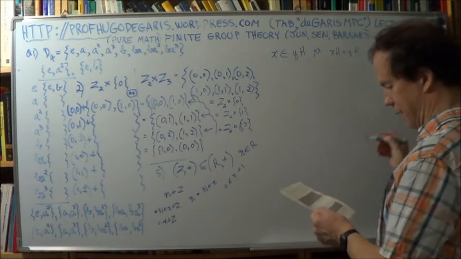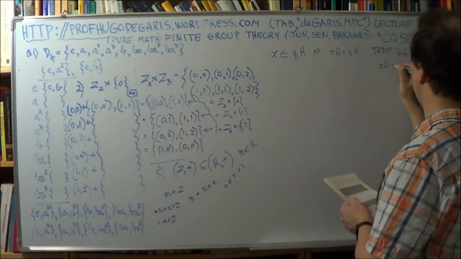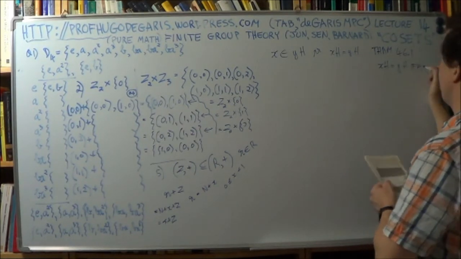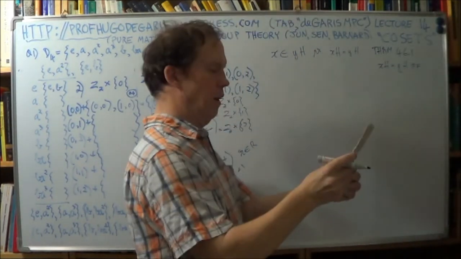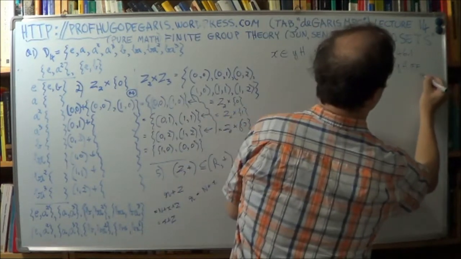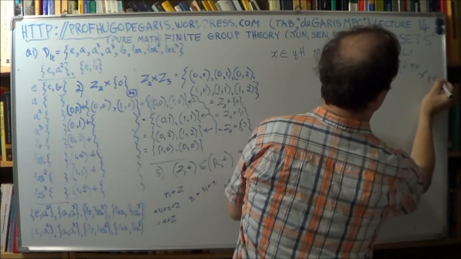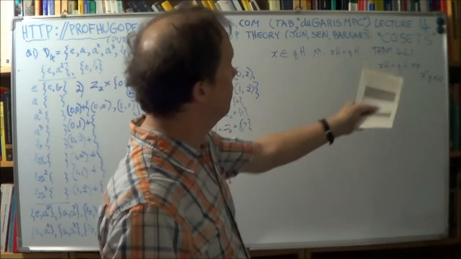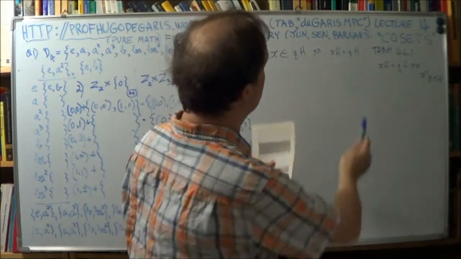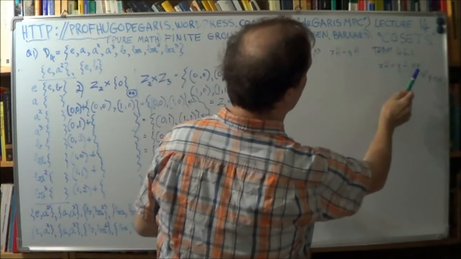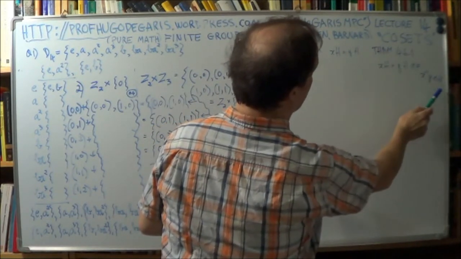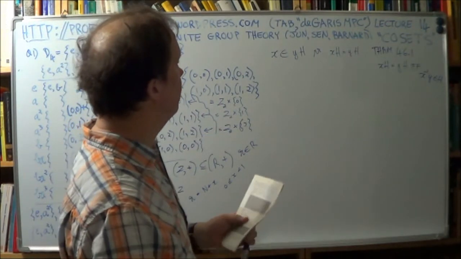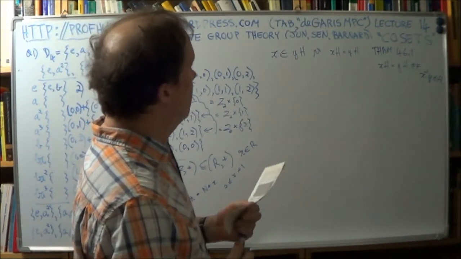Part 1. So XH equals YH if and only if X inverse Y belongs to H. Right? Remember that from the theory session? So, given you got this kind of thing, very probably we're going to use this in the proof. All right.